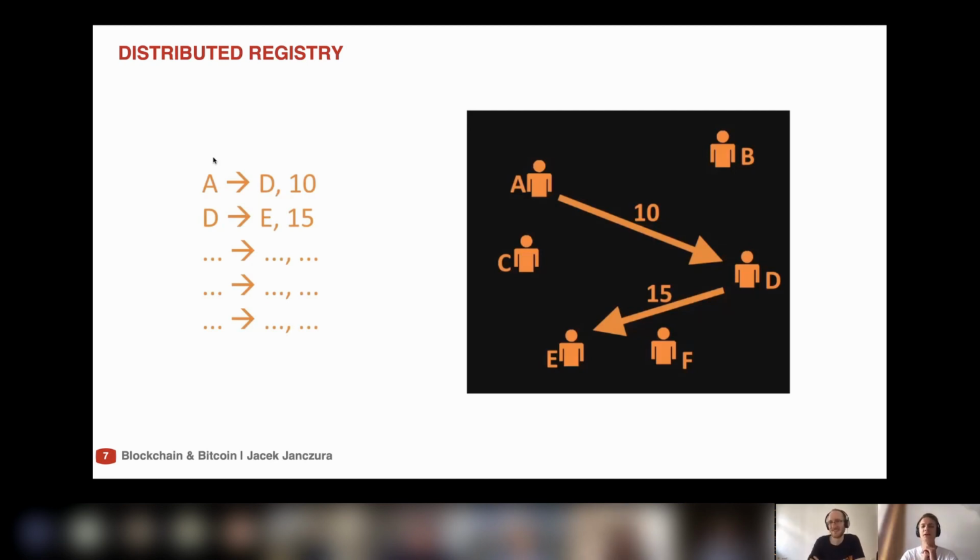So A is shouting, I'm giving D $10, and all 6 participants note that down: A sent D $10. Then D is shouting, I'm sending E $15, and all participants note down D sends E $15. And what happens if the piece of paper finishes? Any ideas?